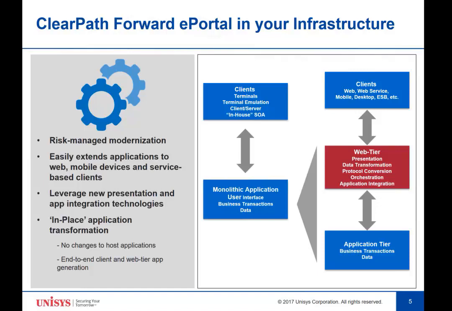You can do this by leveraging your existing application assets in place and without change, thereby eliminating risk or interruption to your ongoing operations. At every point, ePortal provides a high degree of automation, which assists through all the steps required, from capturing your existing presentation assets to web tier application generation through deployment and management to a highly scalable private platform as a service infrastructure. And all of this is done from a single integrated solution.